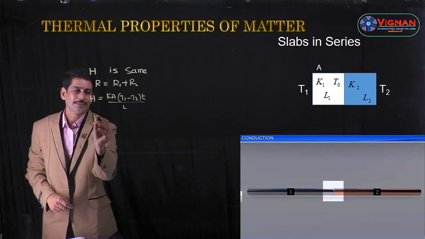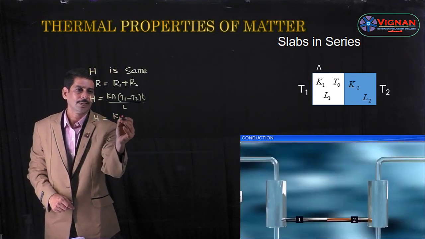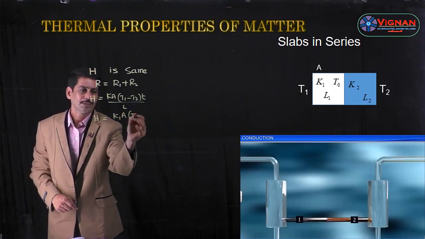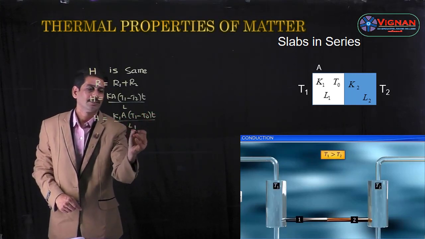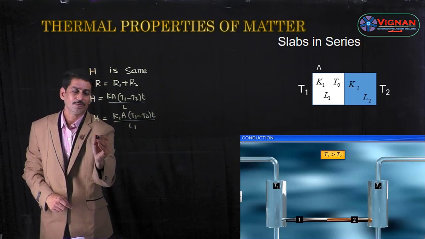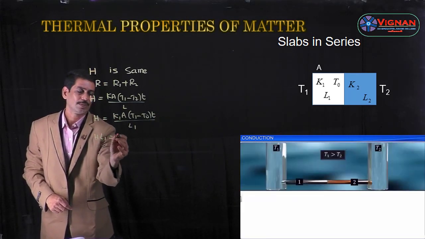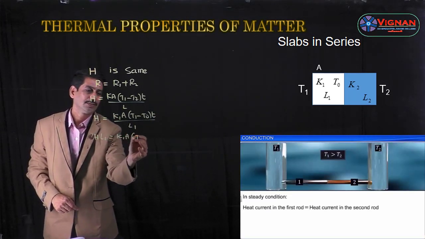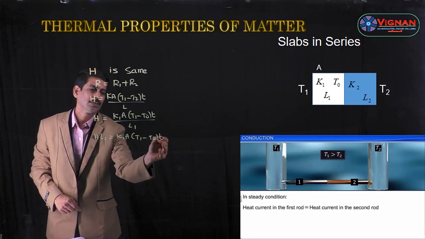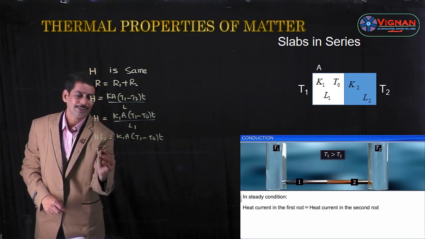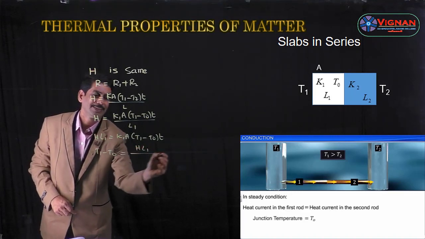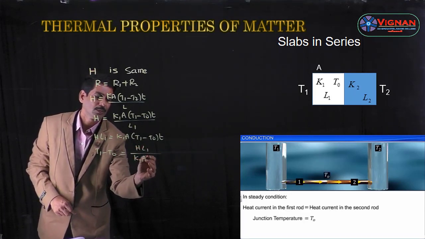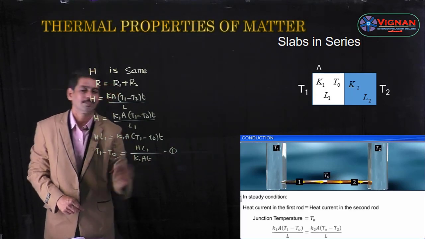It becomes H is equal to K1 A into T1 minus T0 into t by L1. Now cross multiply, we get H L1 is equal to K1 A into T1 minus T0 into t. From this we get T1 minus T0 as H L1 divided by K1 A t. Let us consider this as equation 1.